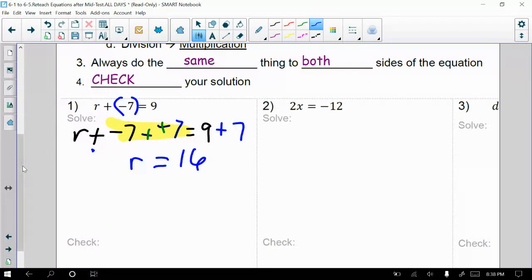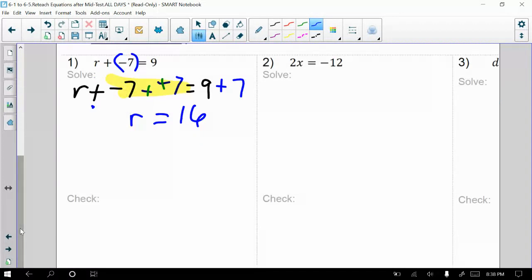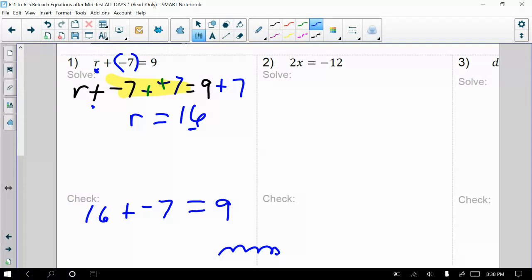Then, of course, down below is where you check. Checking is super easy. Replace your r with your solution of 16. 16 plus a -7 equals 9. If we had a number line and we started all the way at 16 and made 7 hops backwards, where would we end up?